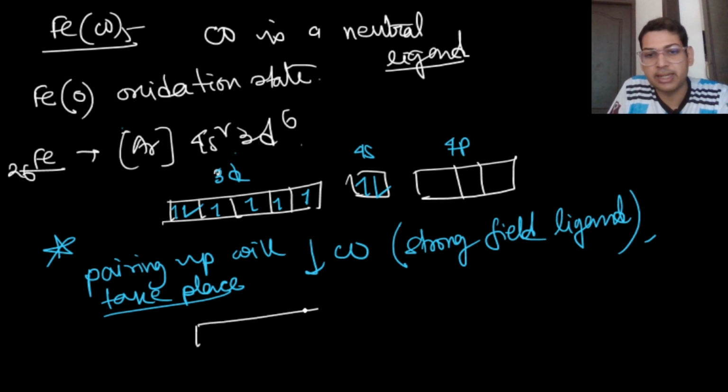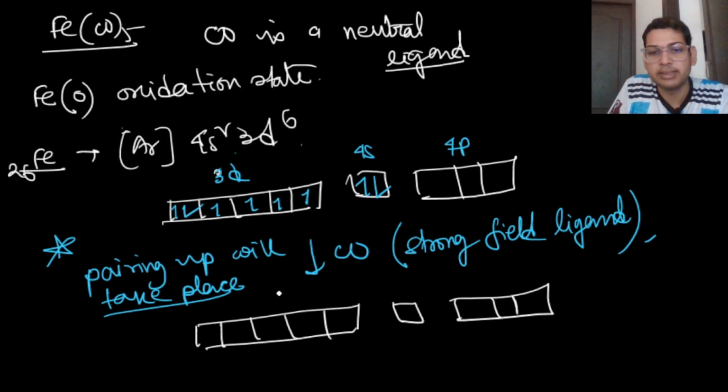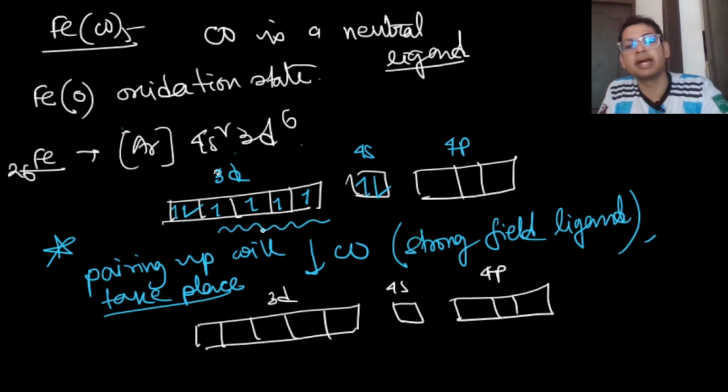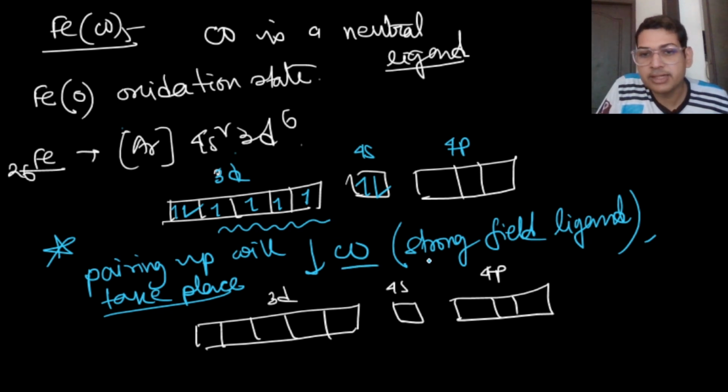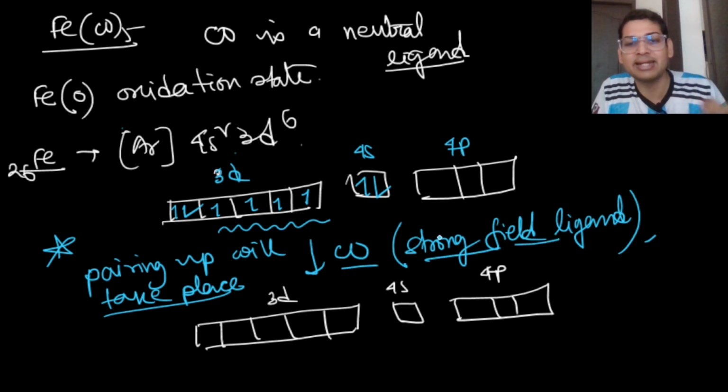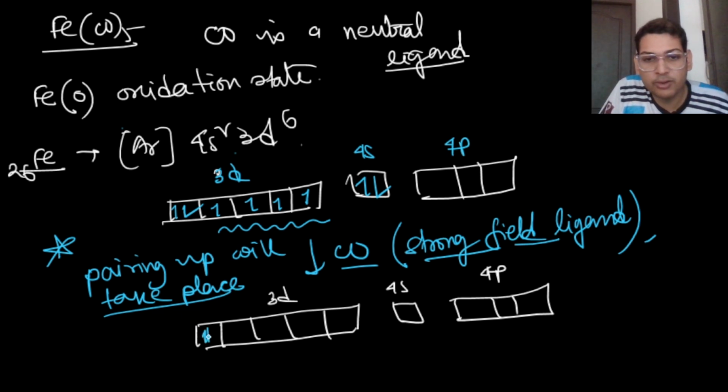I am trying to say that 3d will be looking like this: 1, 2, 3, 4, 4s, 4p. This is 3d, this is 4s, this is 4p. These unpaired electrons will get paired up. Sir, why? Because CO is a strong field ligand. A strong field ligand has the capability of pairing up the unpaired electrons. Okay, sir, got it. Then they will get paired up like this. Yes, and these s electrons will also come like this.